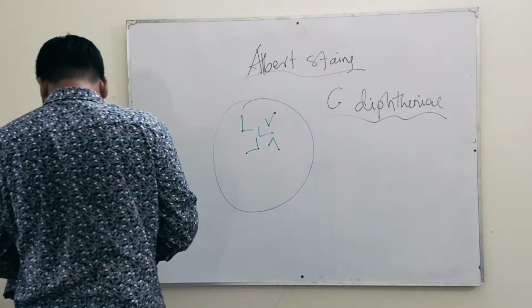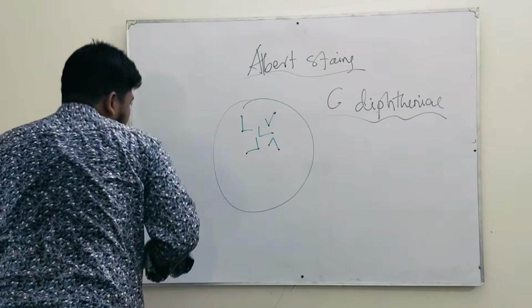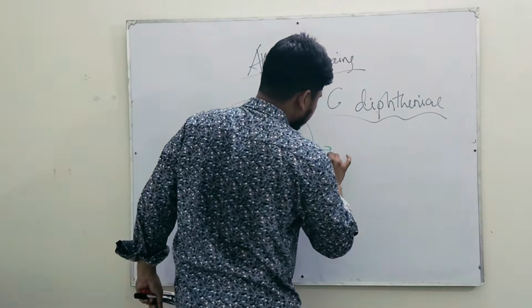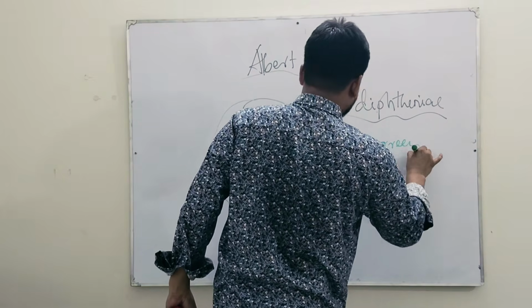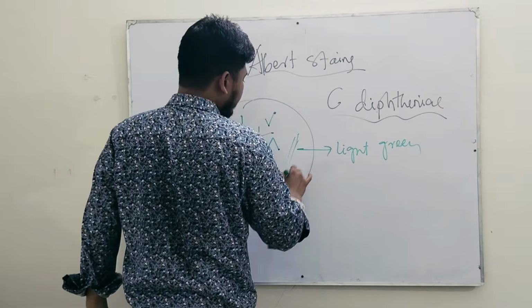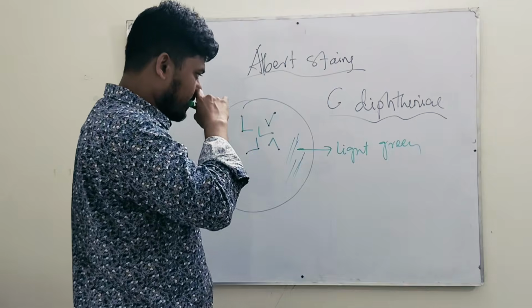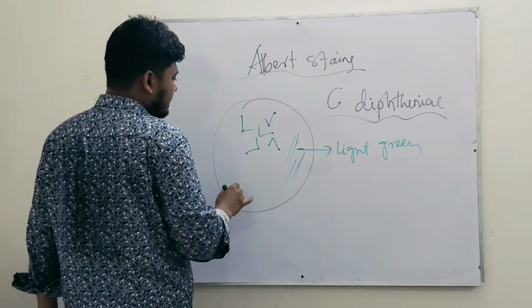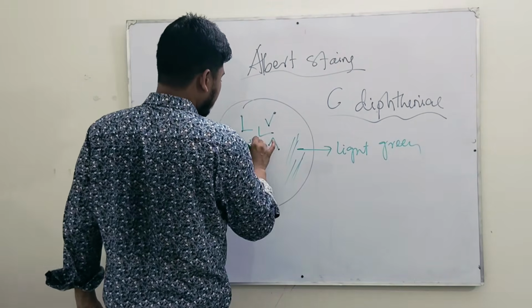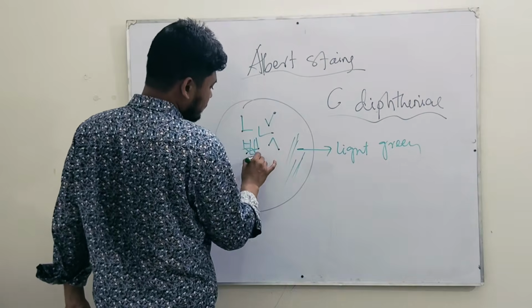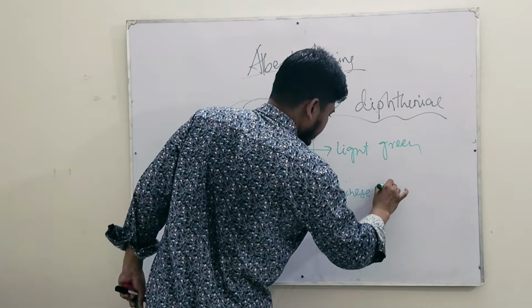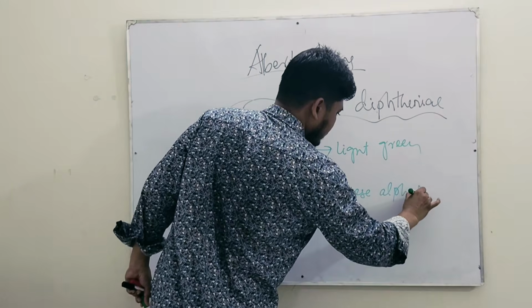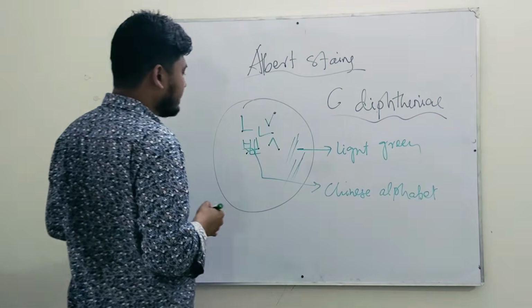And the background will be light green. And some bacteria are arranged closely and they produce a Chinese alphabet pattern.